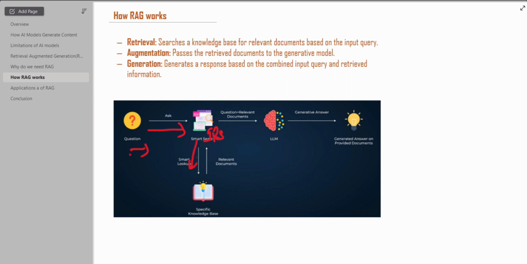It goes to our knowledge base, which can be anything. It can be an API, a document, or a database. It queries that knowledge base, gets a response, and then that response is sent back with the question to the LLM, and the LLM combines that and produces the result. So this is how the overall RAG process works.